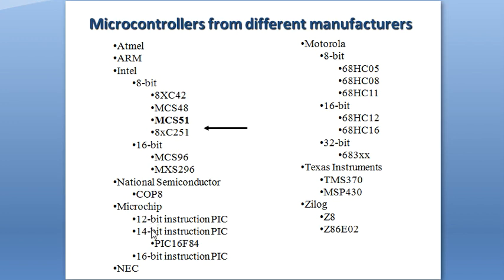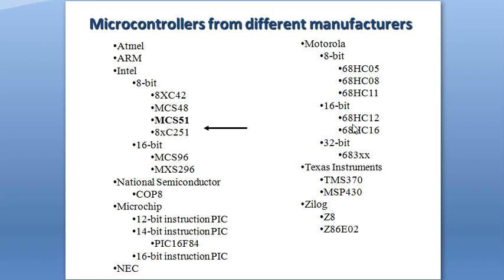Then Microchip has 12-bit and 14-bit controllers. We have the 12-bit instruction PIC, the 14-bit instruction PIC, then PIC 16F84, then the 16-bit instruction PIC, then NEC. Then Motorola has 8-bit, 16-bit and 32-bit variants, like 68HC05, 68HC08, 68HC11.